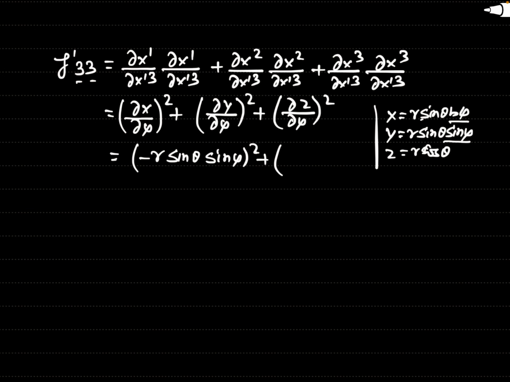Since here is sin phi, the derivative of sin phi will be cos phi, so this is r sin theta cos phi squared, and plus, now see, since z is r cos theta, it is independent of phi, and therefore del z by del phi will be equal to 0. So the last term in this case will be equal to 0.